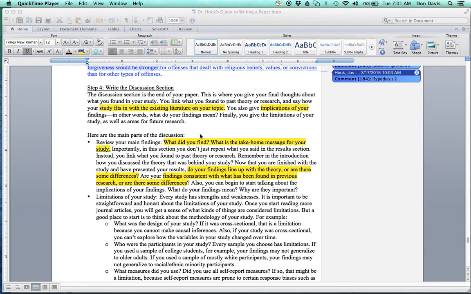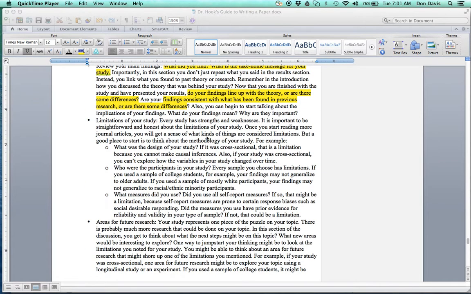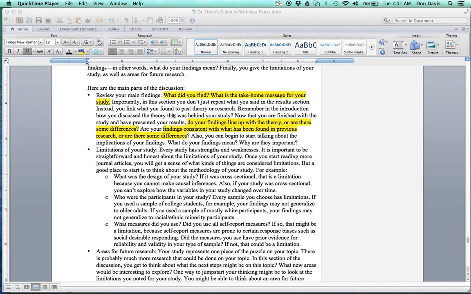I usually have to rewrite mine after I do it wrong. It's tempting to just restate a lot of what you said in the results section, but you have to push it forward beyond that. Josh gives some general suggestions of how to do that.